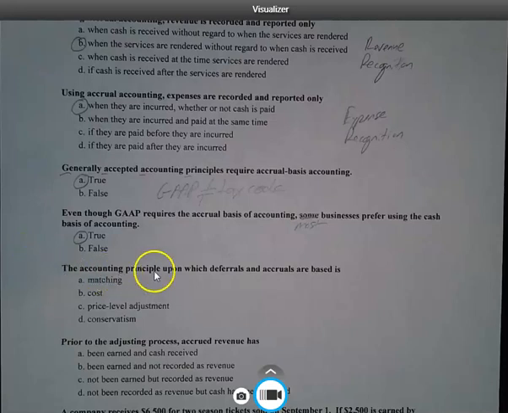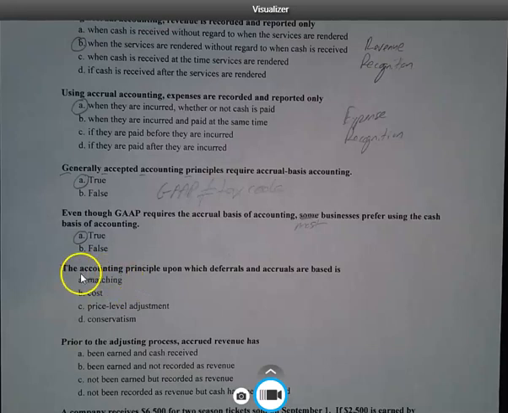Next question. The accounting principle on which deferrals and accruals are based is what? 4 choices: matching, cost, price level adjustment, and conservatism. Okay? Well, I have not mentioned choice C at all. I may have mentioned conservatism back in chapter 1. We have talked about the cost principle, but this cost principle relates to how we record assets.